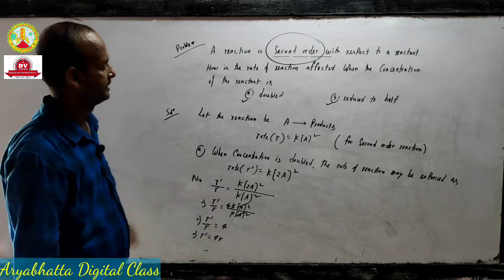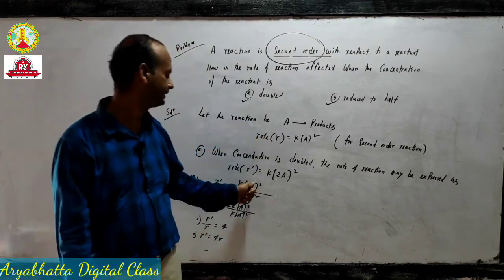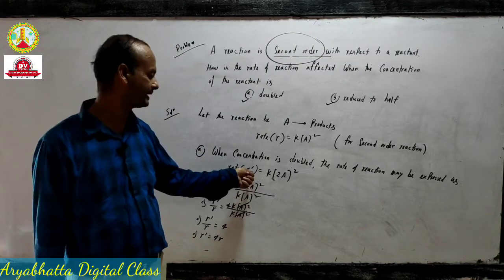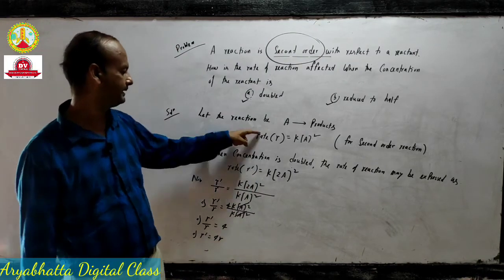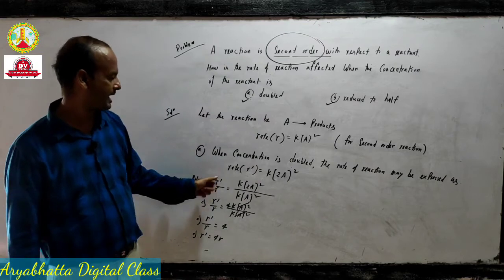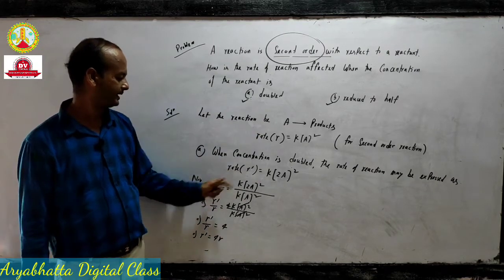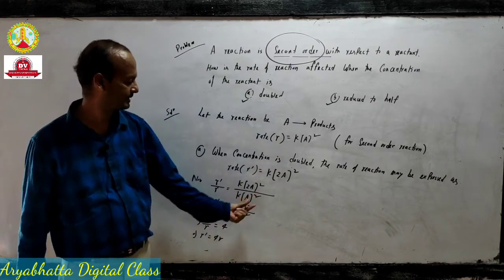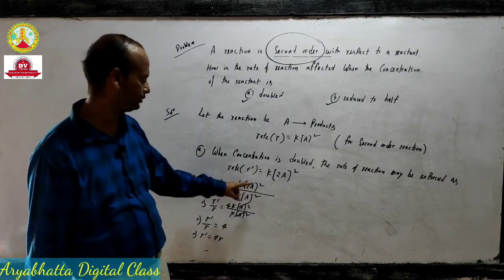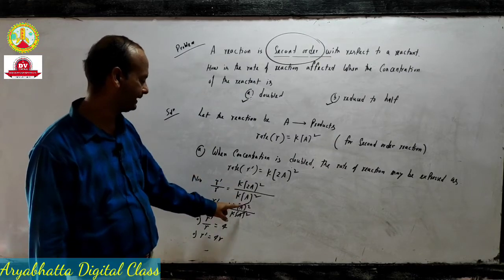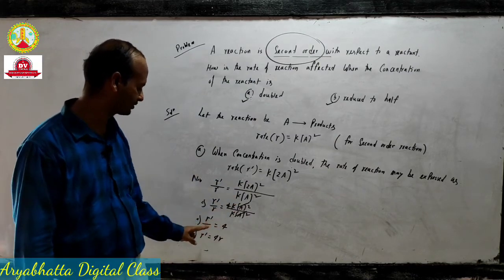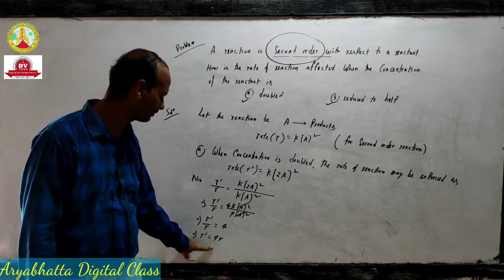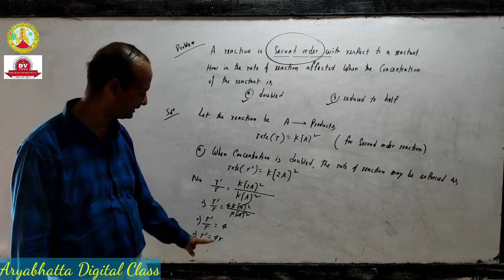Now देखो. This is the main rate of the reaction. This new rate comes after doubling the concentration. R dash by R, this part and this part, 2 into 2, 4, the remaining K A square cancels out. So R dash equal to 4R. This is the new rate, this is the old rate.